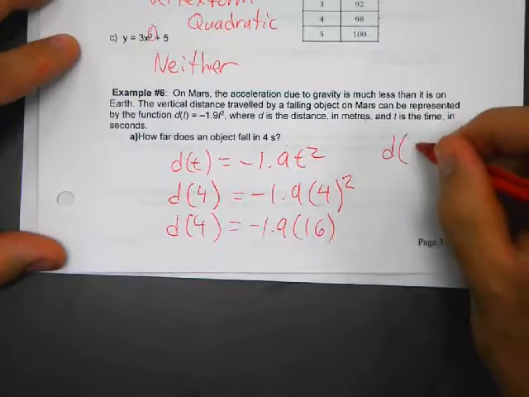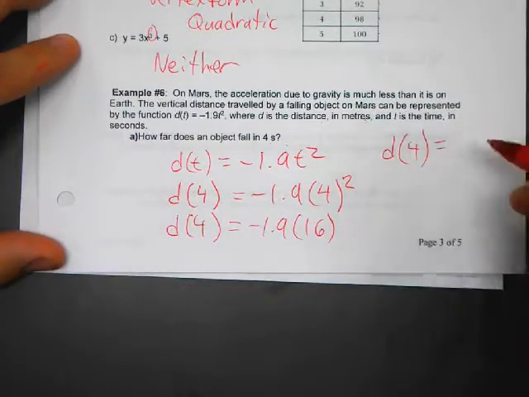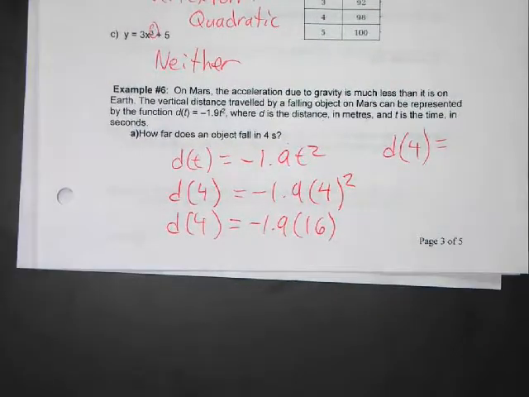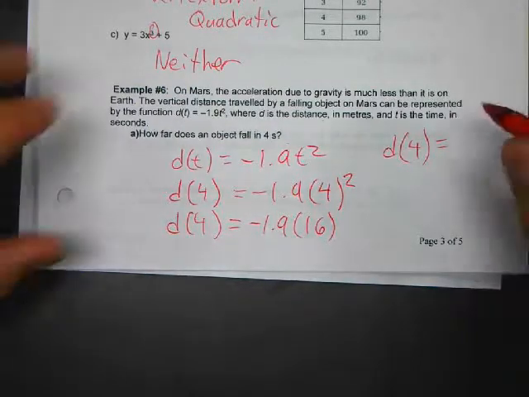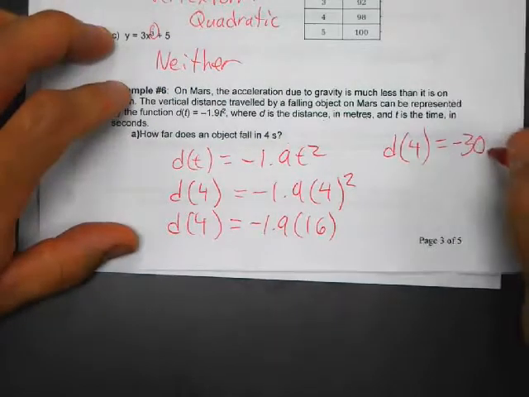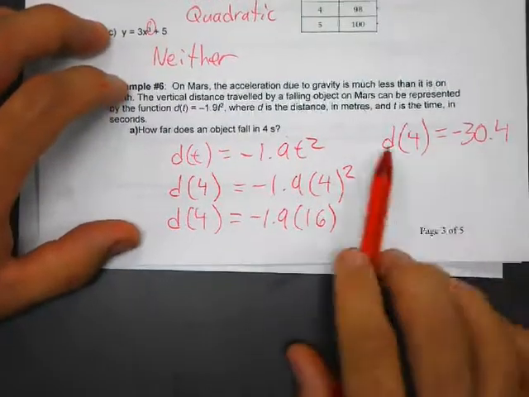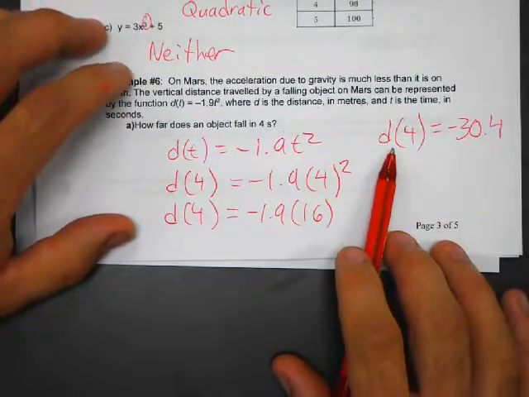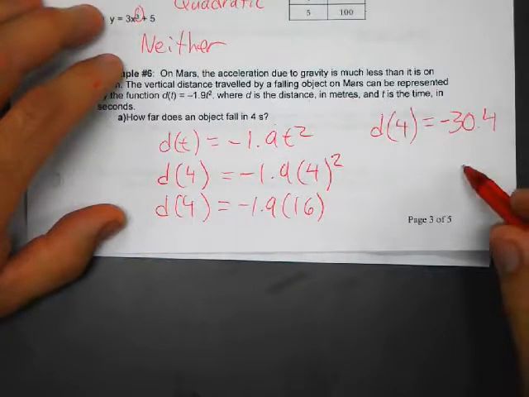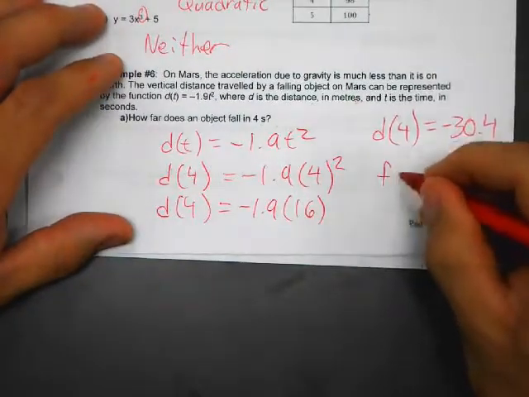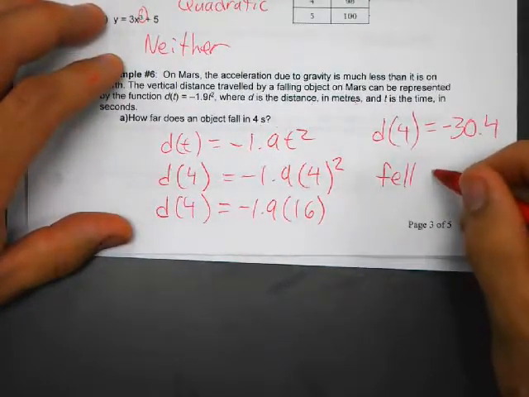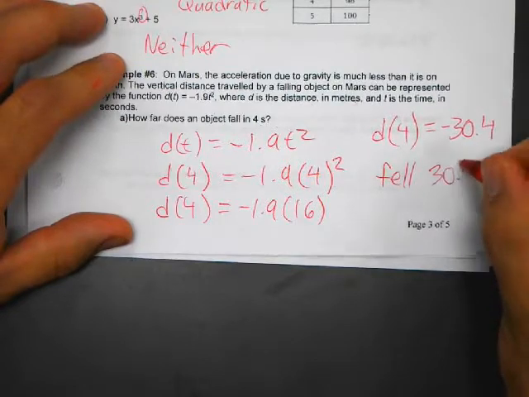We get d of 4 is equal to, what is that, anybody? Negative 30.4. Now, even if you don't know how to do the next question, this is actually helpful. So this means, well, it fell 30.4 meters.